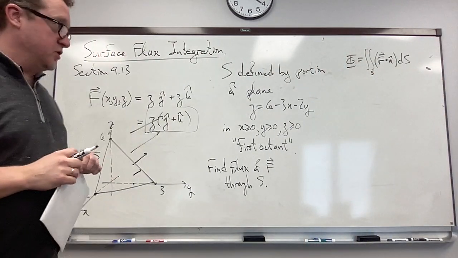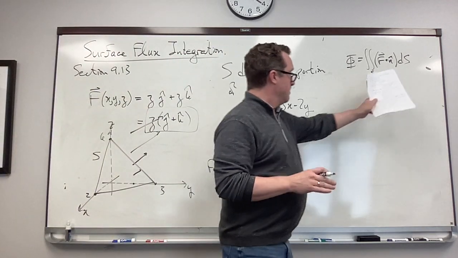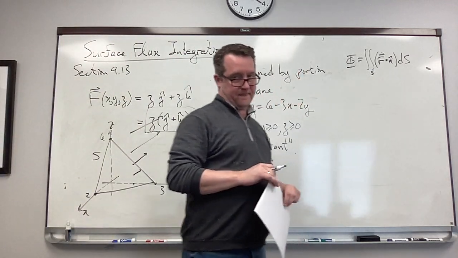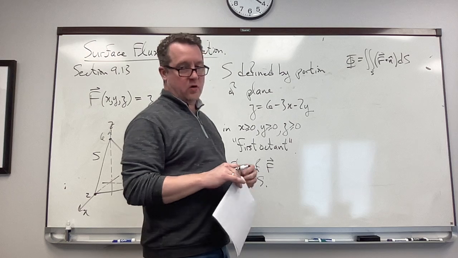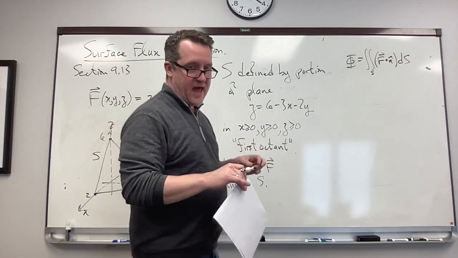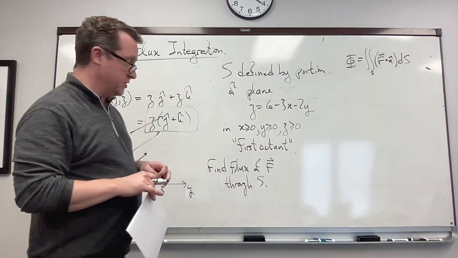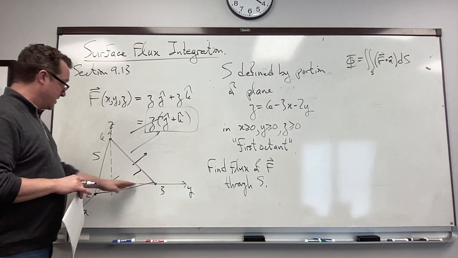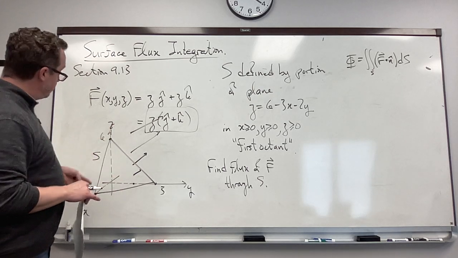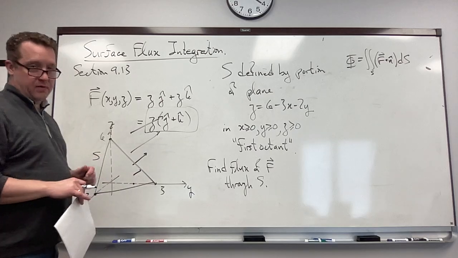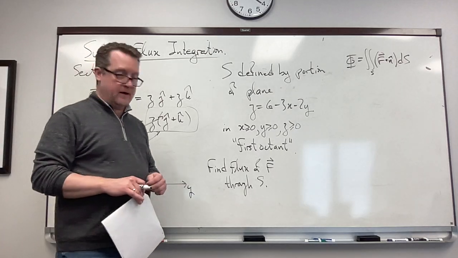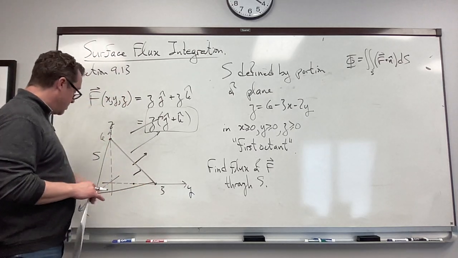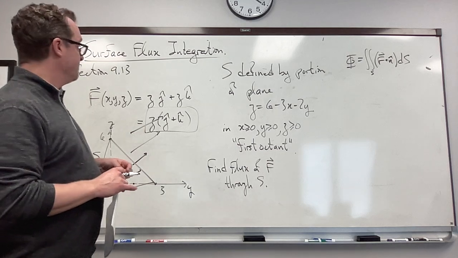The first thing we have to do is build the integrand. Then we have to decide what coordinate system we're going to use and what order we're going to do the surface integration. We're going to compress this thing down. Is this surface a height over the xy plane, the xz plane, or the yz plane? Remember, we always have those three choices. In this case, we're going to consider this a height over the xy plane.